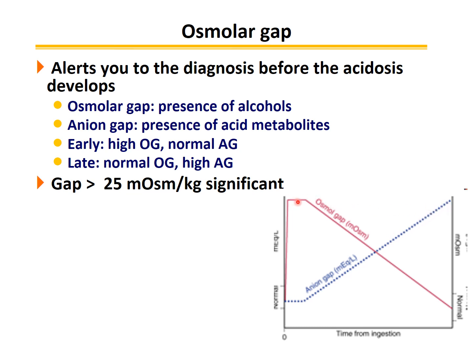And as long as we have this conversion, the alcohol is disappearing from the system, while the acidic substance is accumulating in the system. So this is why these two lines usually cross each other. And the osmotic gap is higher than 25 milliosmol per kilogram.